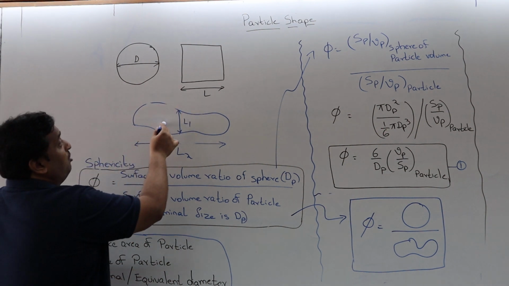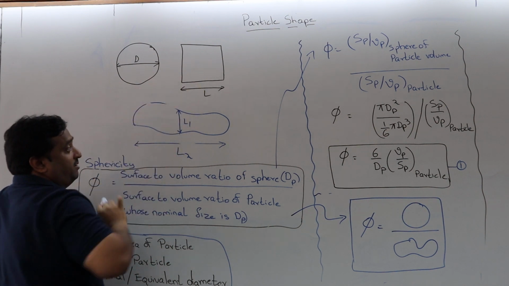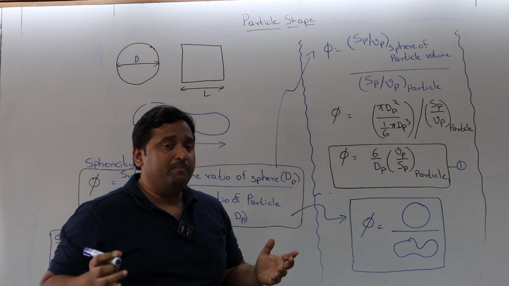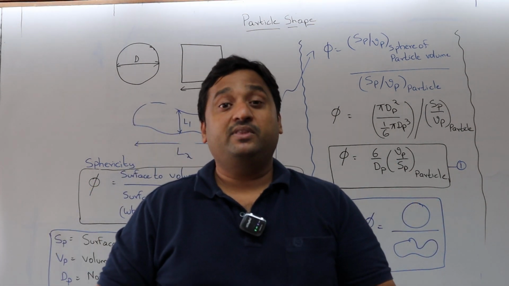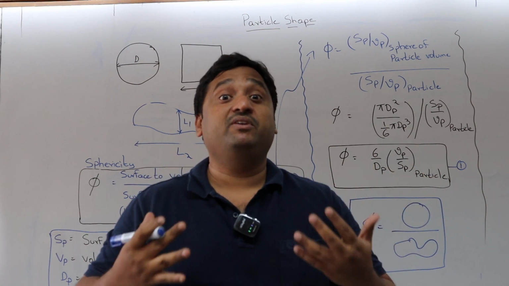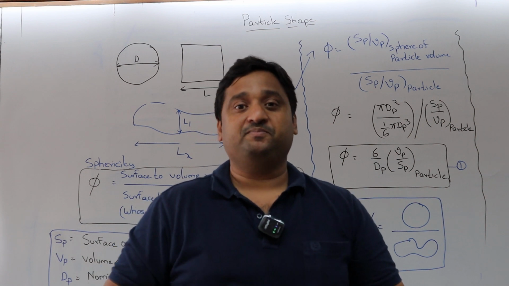It is not even close to a sphere or a square. So if someone asks me the shape, I have to use some definition, and that definition is called sphericity.